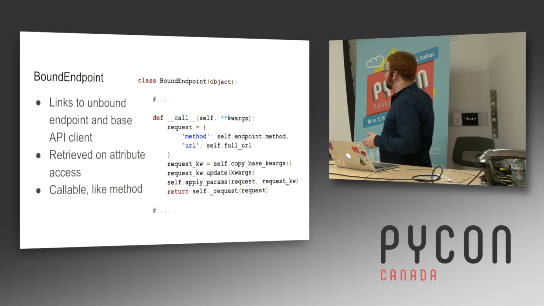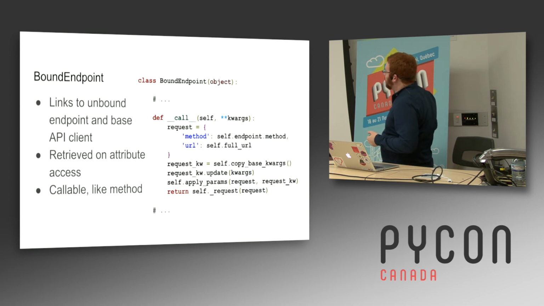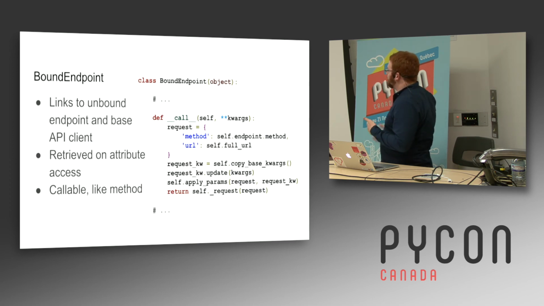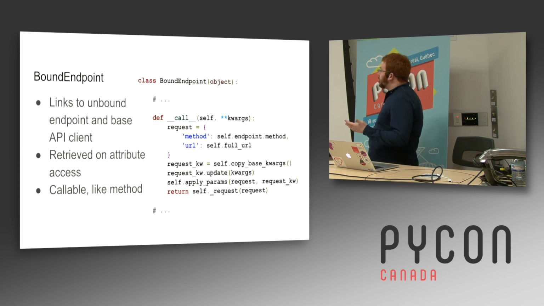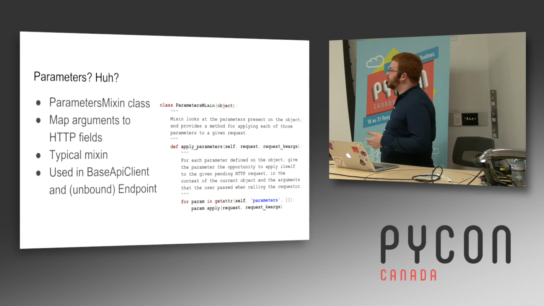It also has this call method, which is another magic method that means I can be called like a function. And we can see that it does a few things when it is called like a function. It transforms incoming parameters, and it places a request using the base API client. So one of the important things that it does is use parameter objects to transform incoming arguments.